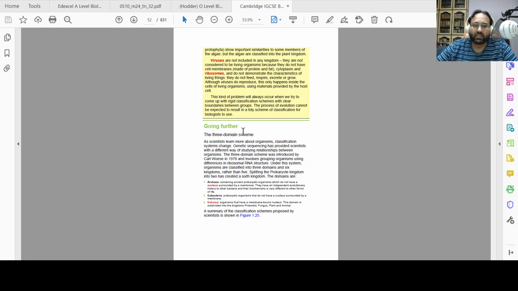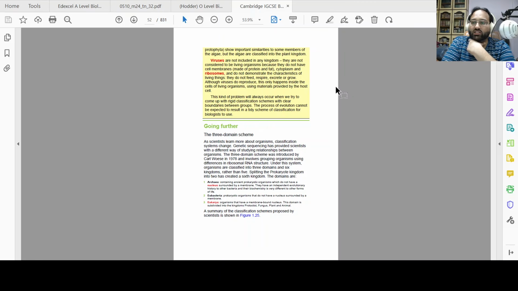Like I said, the O level and the IGCSE syllabus are about 95% the same. There are only very minor differences. The majority of differences are where in the O level syllabus something might go further, and in the IGCSE syllabus that might be included as part of the syllabus.